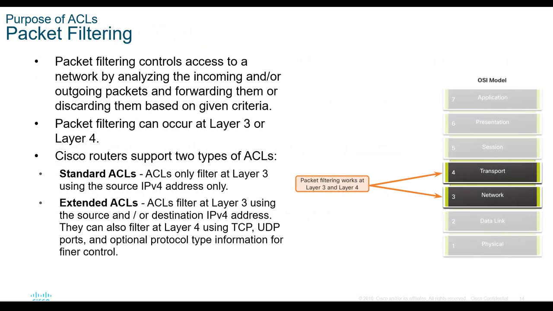And it is a form of packet filtering. So we're basically hitting layer 3 and layer 4 of the OSI model. Yes, in Cisco they have standard and extended, but we're not going to focus on that. We're just going to focus a little bit on ACLs itself.